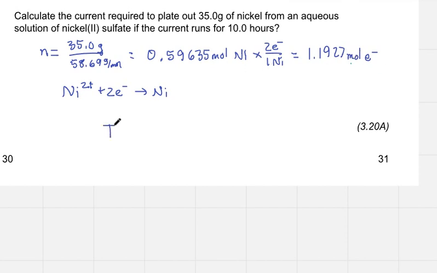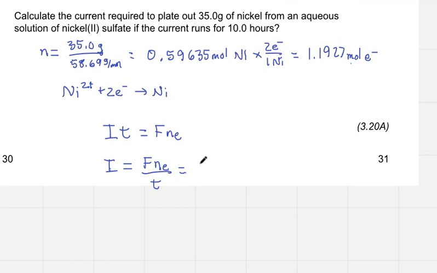And our formula, this is the standard way to start it. They want us to find current, so we want I alone, so divide both sides by t, and we get current equals Faraday constant times moles of electrons divided by the available time. So Faraday constant's 96,500 times moles of electrons, found them up here, 1.1927, divided by, they did it again, 10 hours, so 10 times 60 times 60 is 36,000 seconds.